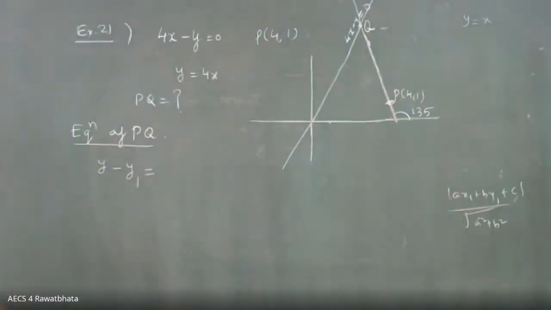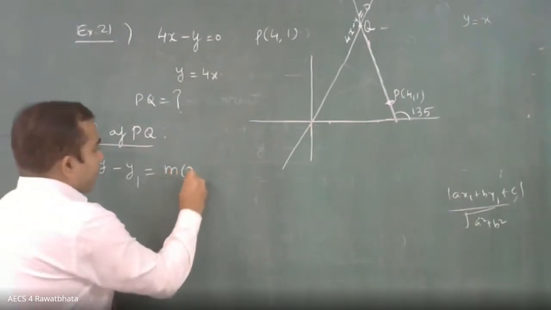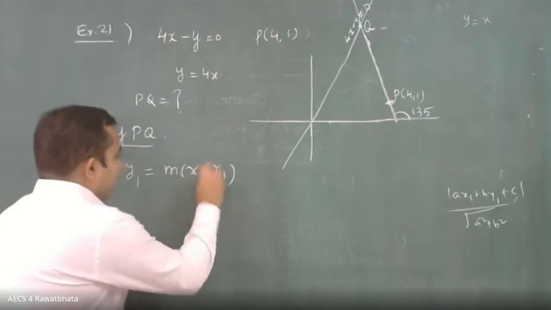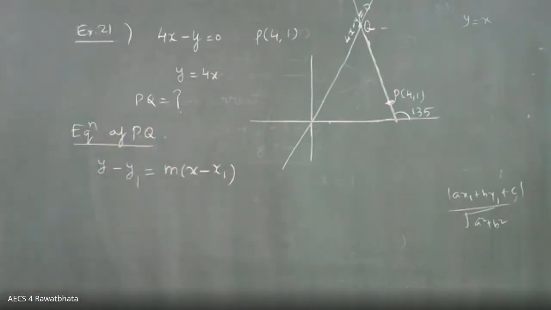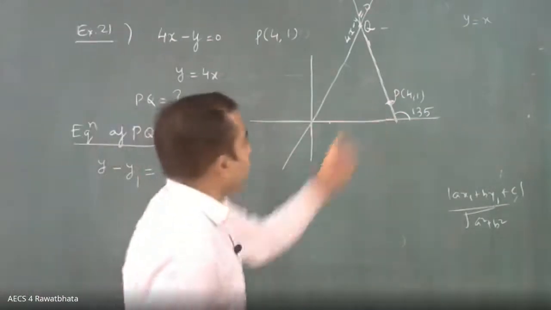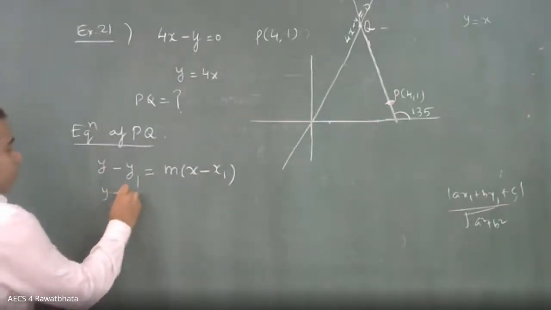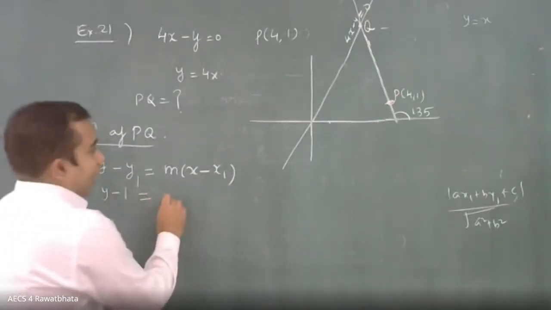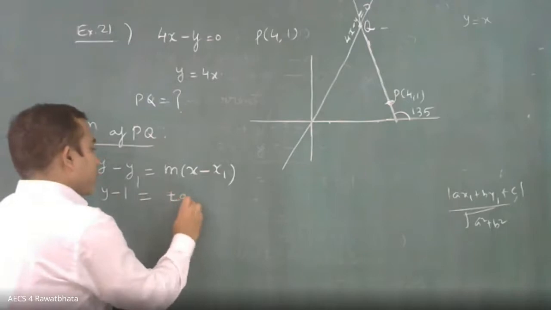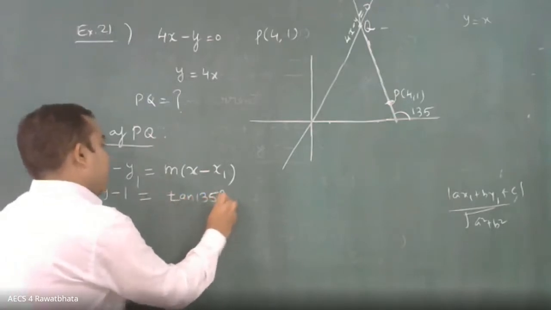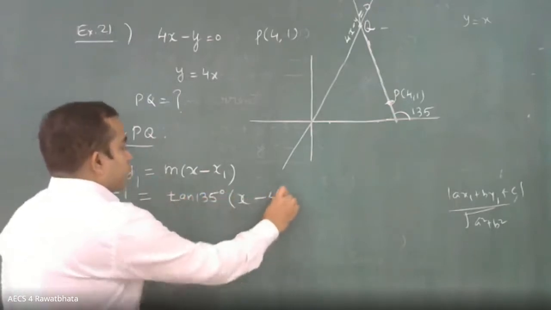So what should be the equation of PQ? Y minus y1 is equal to m times x minus x1, and I have been given the point (4, 1), so put it there. Y minus 1 equals m, which is tan 135, into x minus 4. How do I find tan 135?